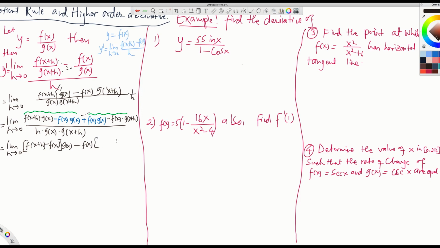So let me write down negative g of x here, and if I take negative f(x) out, what is left is positive g of x plus h. That's what I'm doing there. And then I am dividing the whole thing by h times g of x times g of x plus h. So next thing I will do is I will split the denominator.